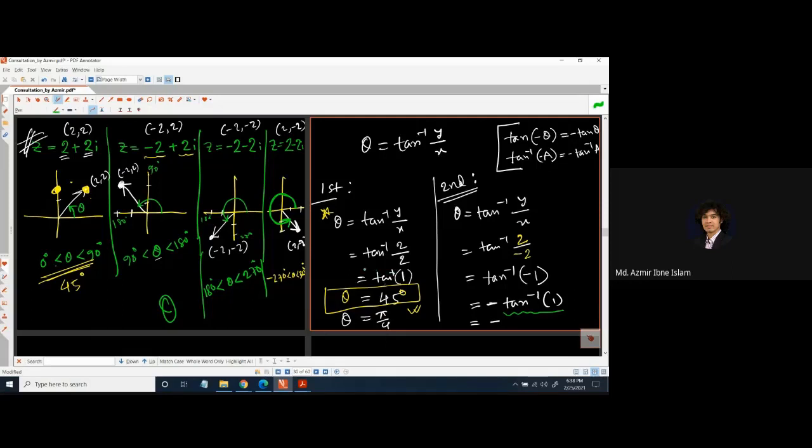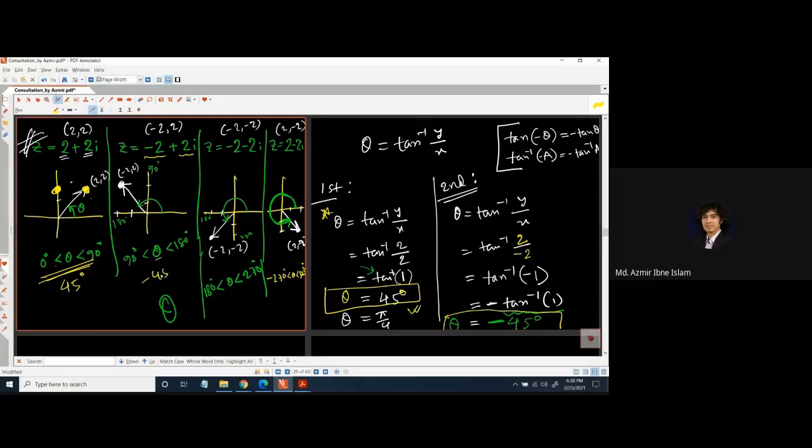We have already done the same thing for the first case, that is 45 degree, right? Yes, sir. So don't forget that we have a negative sign before 45 degrees. So theta this time is negative 45 degree.